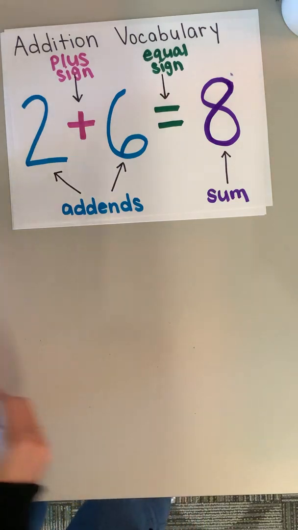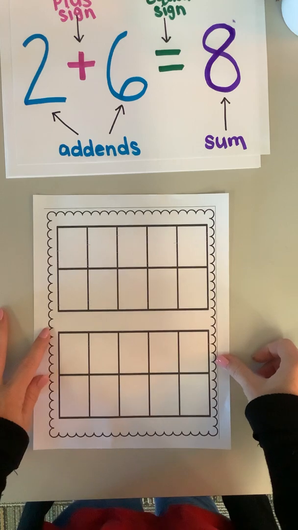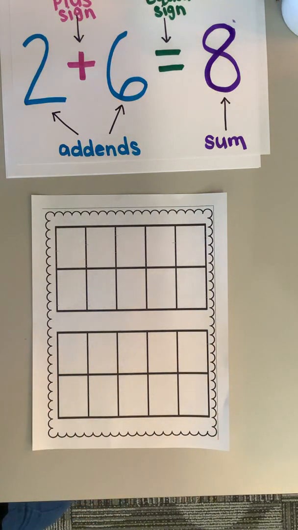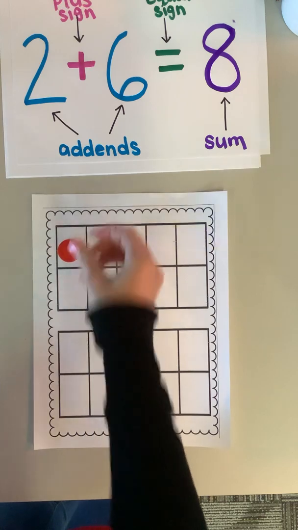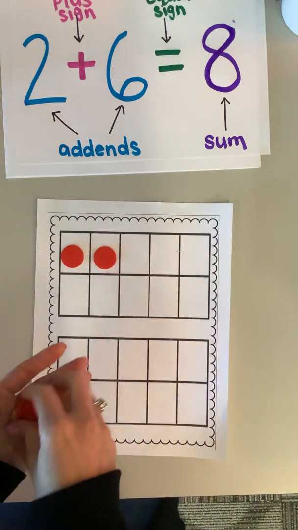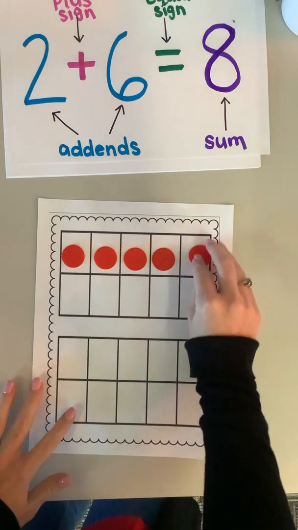So I'm going to start off with my 20s frames. And what we're going to do is I'm going to lay down counters in red first on my tens frames. And I want you to count how many are red.